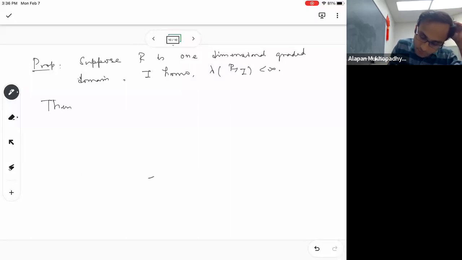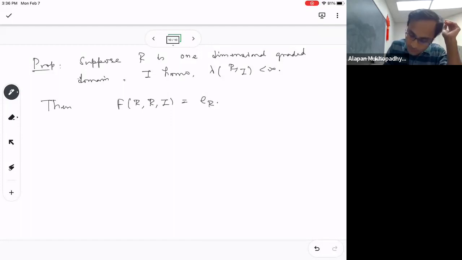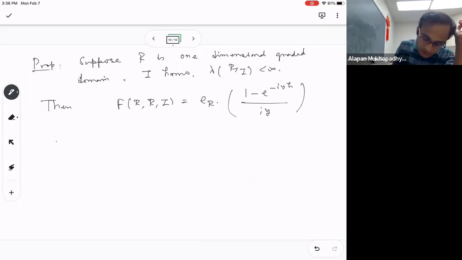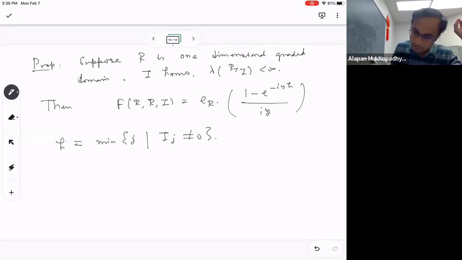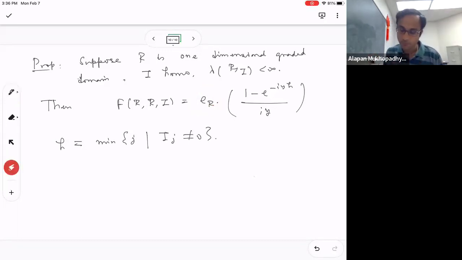Then the Frobenius-Poincare function is again e_R times (1 minus e to the power minus y h) divided by y. And what is h? h is the smallest degree of a non-zero element in the ideal I. Okay, and e_R is defined in a similar way as before.